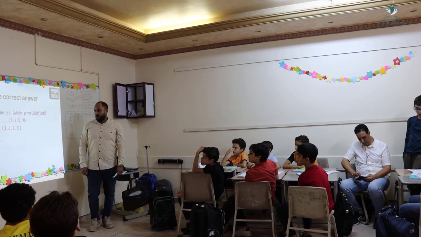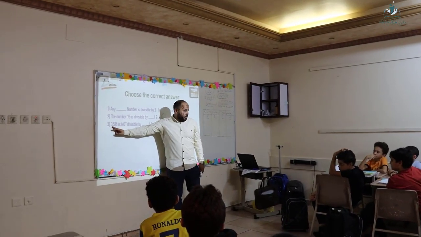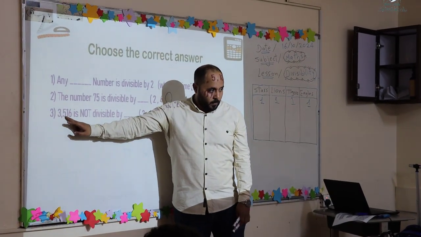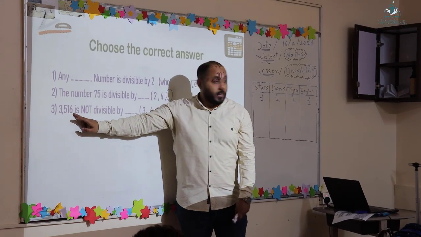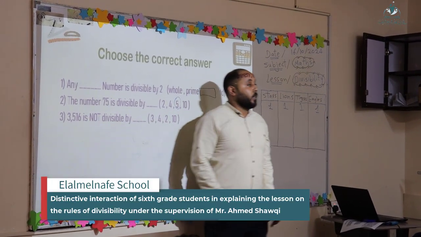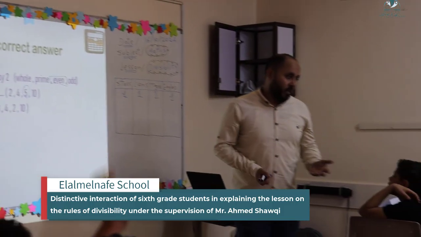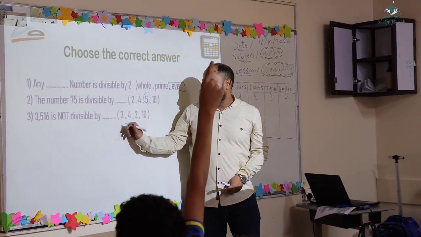Let's add the digits. 3 plus 5 is 8. 8 plus 1 is 9. 9 plus 6 is 15. 15 is a multiple of 3. So it's divisible by 3. So option 3 is false.